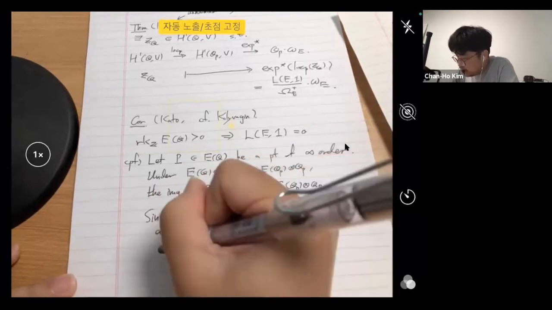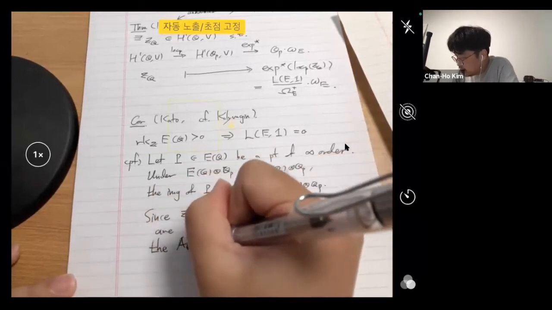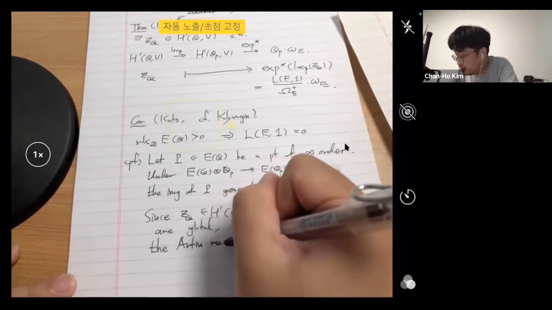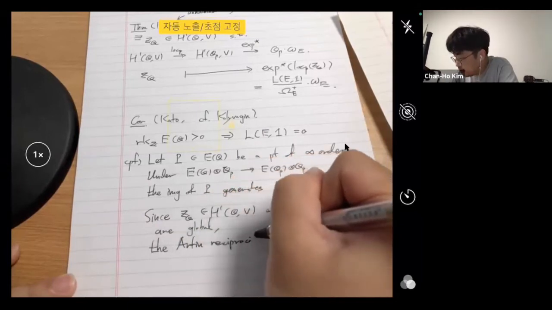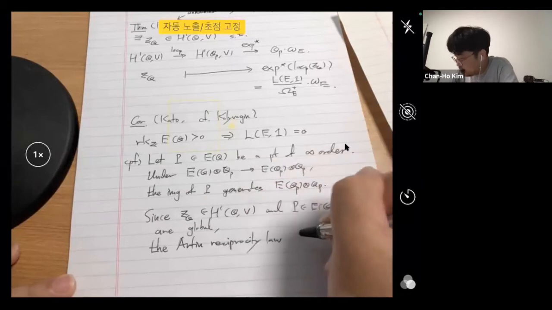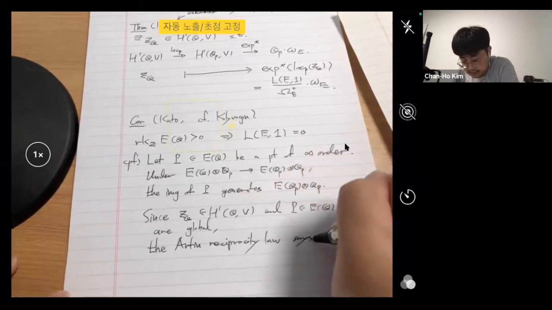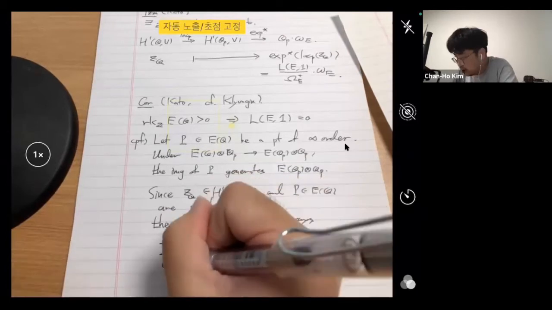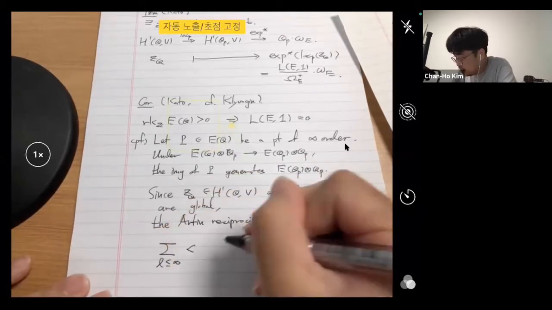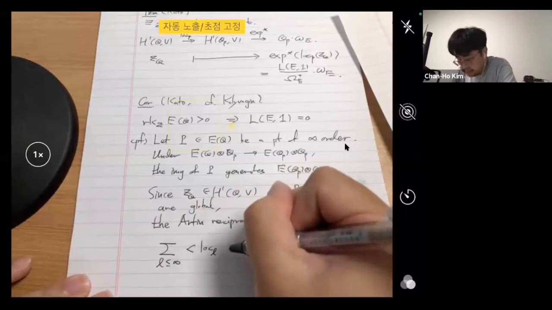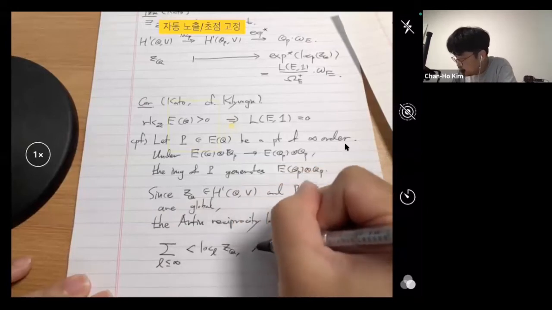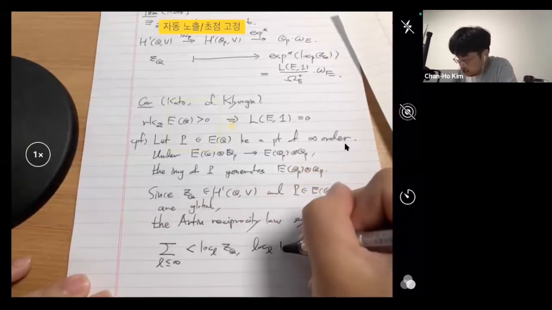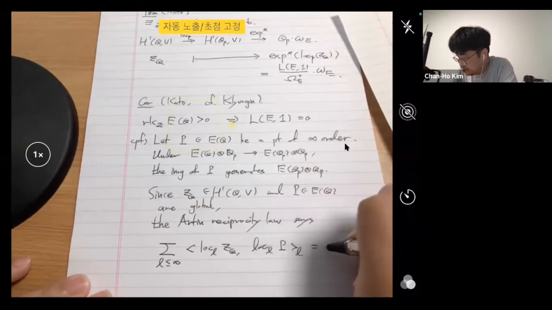So the Artin reciprocity law says it's a sum of all local pairings, including infinity, is 0.